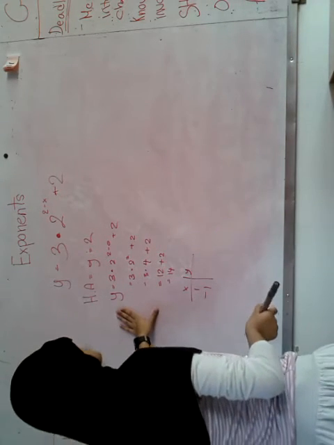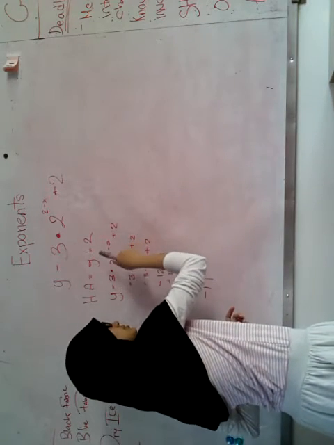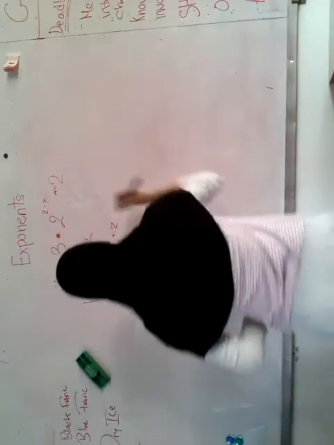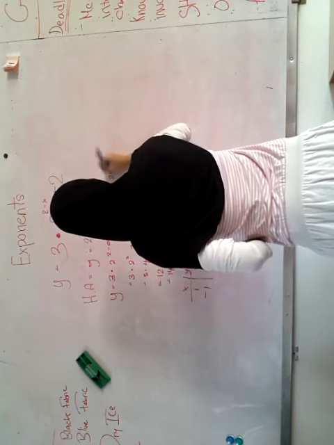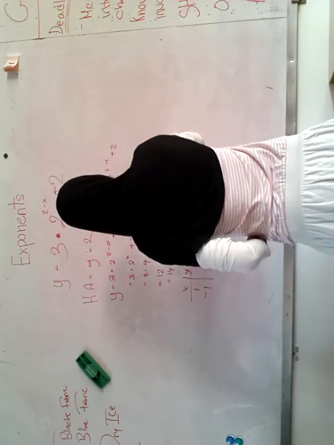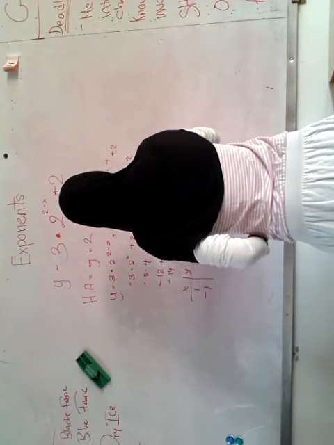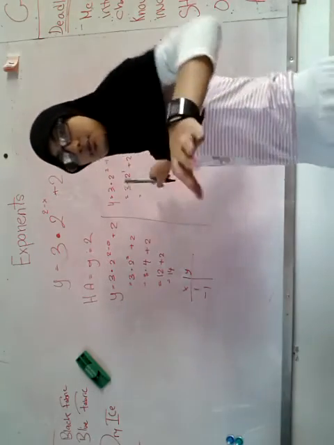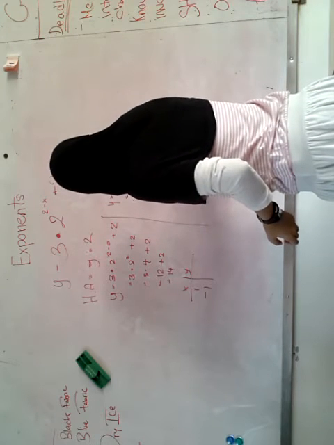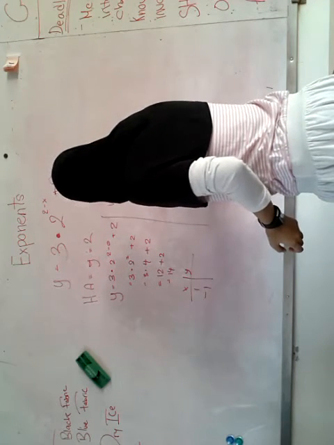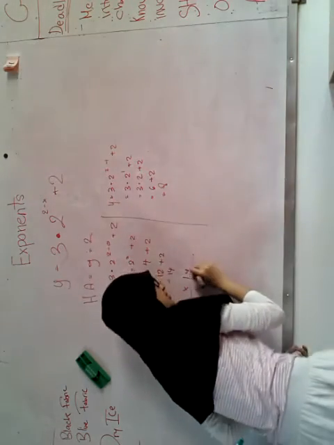So y is equal to 3 times 2 to the power of 2 minus 1, plus 2, which equals 3 times 2 to the power of 1, plus 2. 2 to the power of 1 is 2. So it's 3 times 2 plus 2, equals 6 plus 2, which is 8. Now that's our first point there.